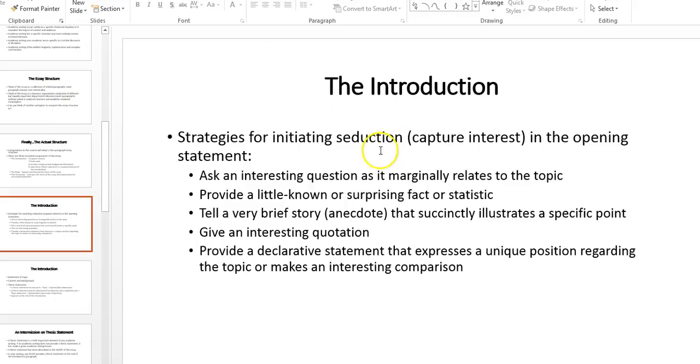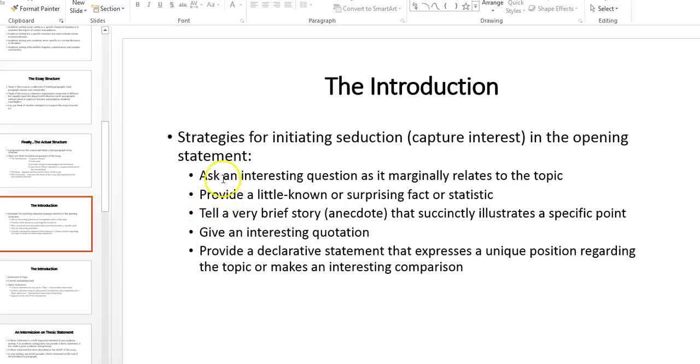So there are some strategies here that you can use to open up your essay with that hook, to open your essay in an interesting way that hopefully will help you in catching your readers' interest as well as keeping it. Well, catching first.